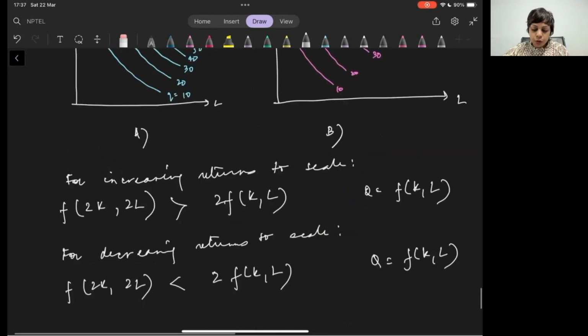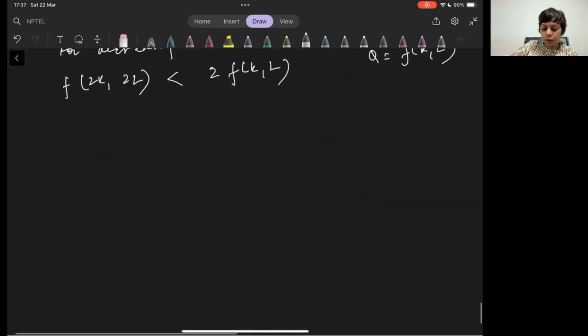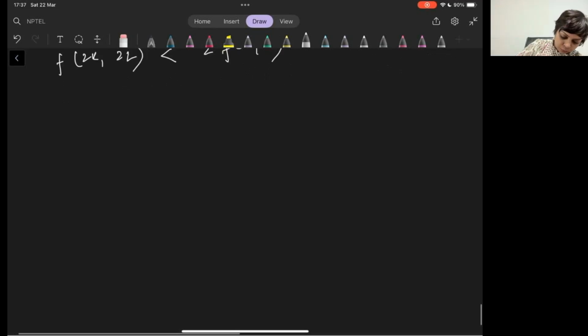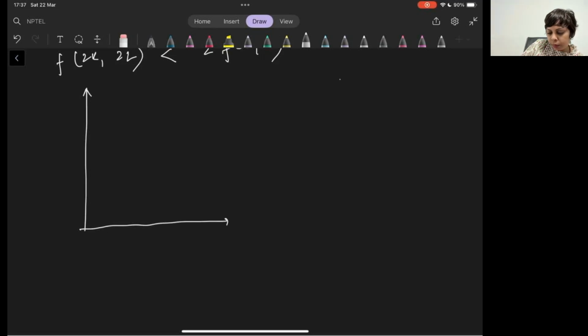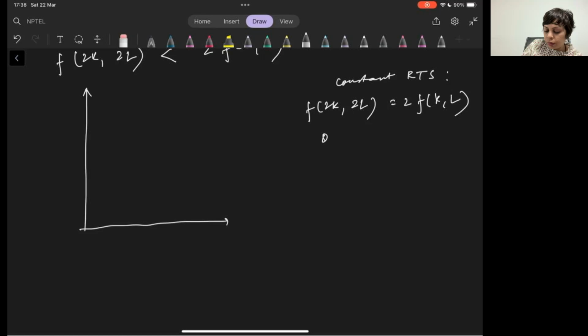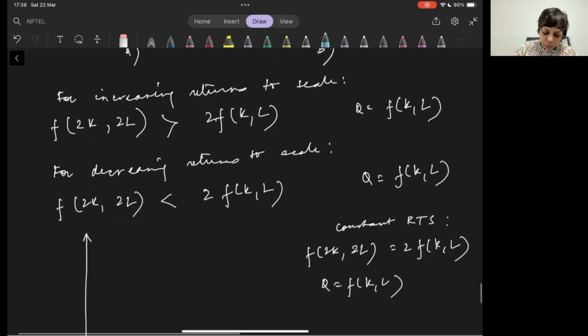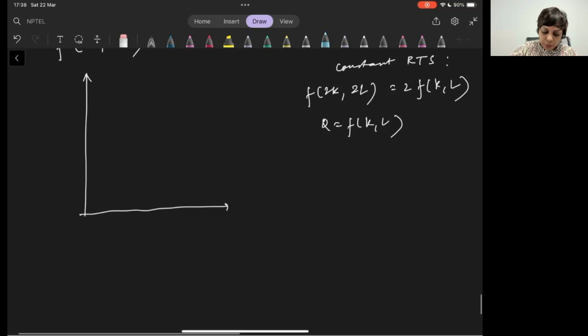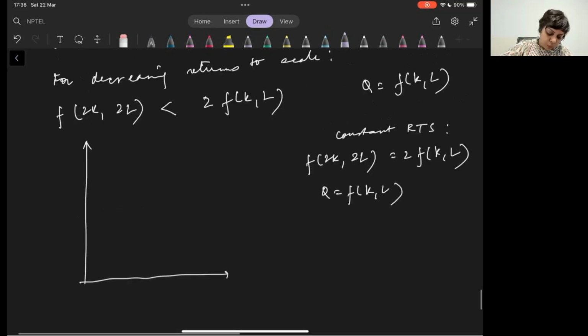Okay, so let me first draw what should be constant returns to scale. For constant returns to scale, you have f of 2K, 2L is equal to 2 times f of K comma L, where Q is equal to f of K, L. Now in the simple case of constant returns to scale, use this color.